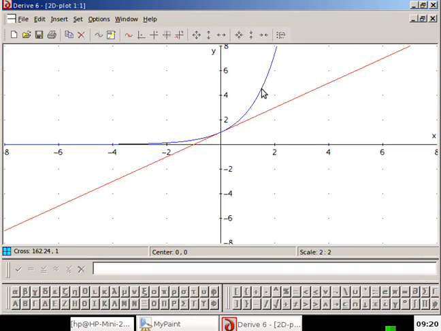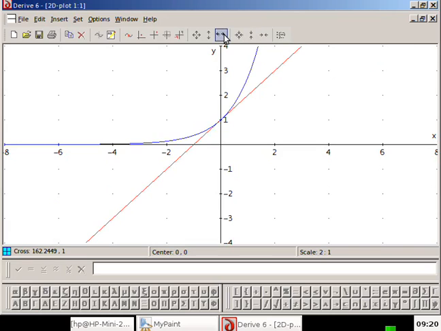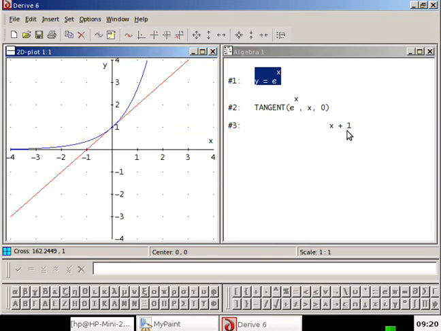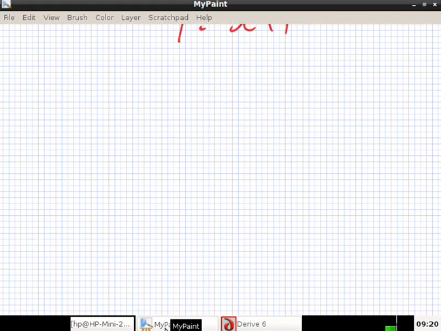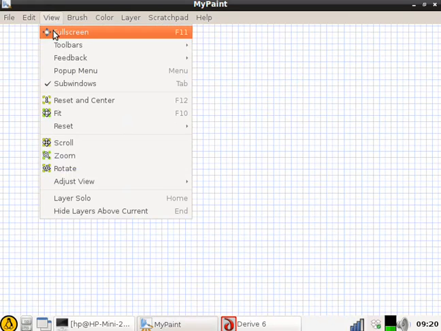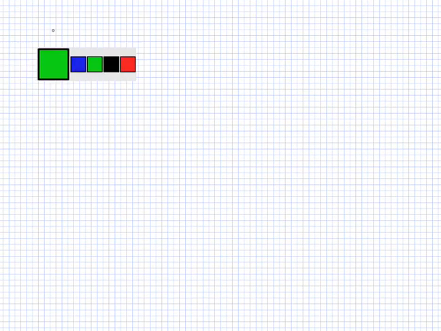The blue line is e^x, and the red line is the tangent line at the point (0, 1), which you can see is right there. So we have a nice tangent line at (0, 1) there, and you can see that we have the right answer, x plus 1. Okay, let's have a look at number 2 here. So this was sine x, wasn't it? Okay. Sine x, and again at (0, 0).